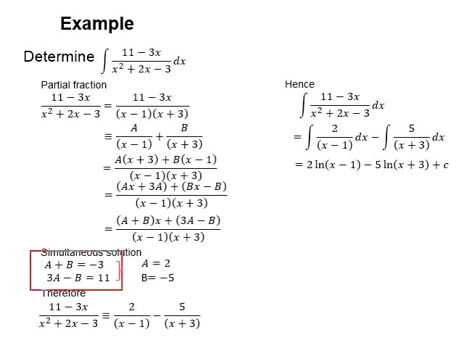There are two unknowns here. Solve the two equations simultaneously. You get A equals 2, B equals negative 5.